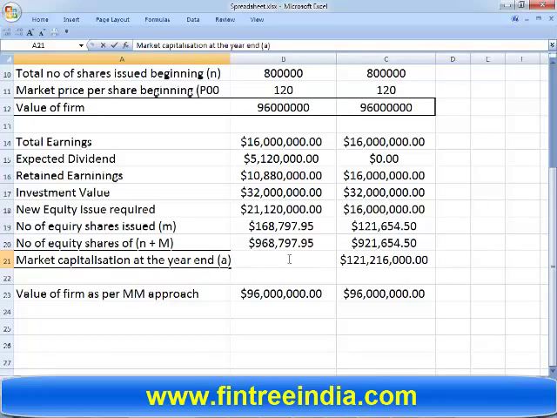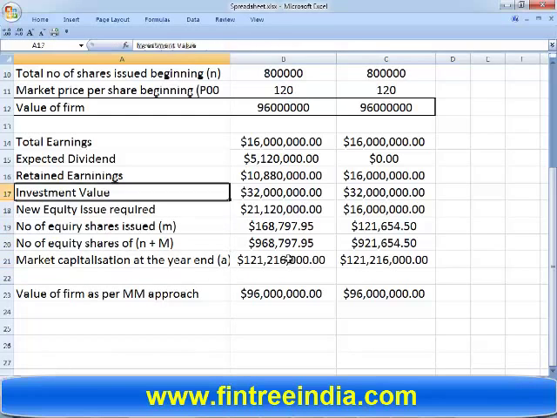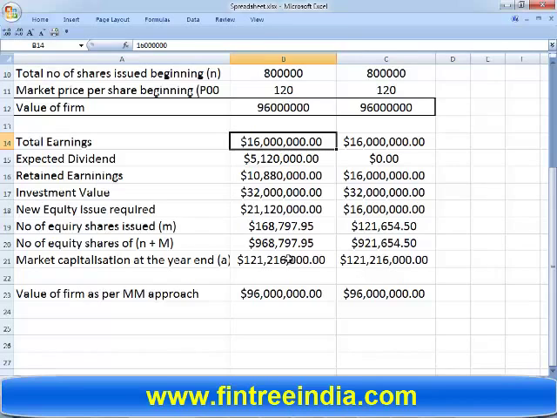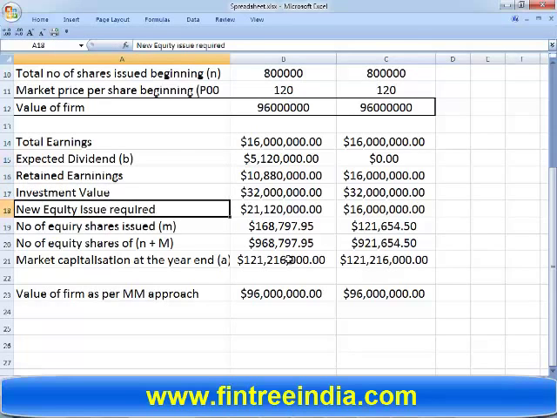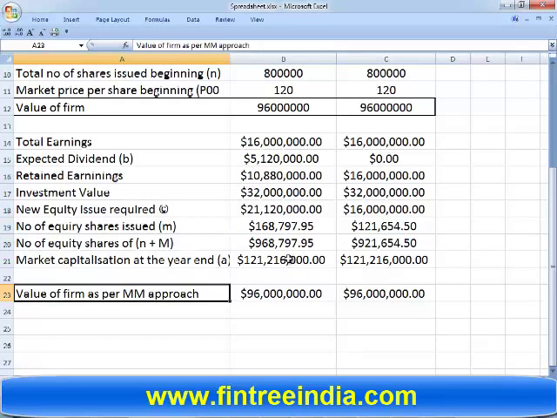Which ones? ये दिया है. हाँ, it's a part of the question. They're expecting 1.6 crores as earnings. There are too many zeros.